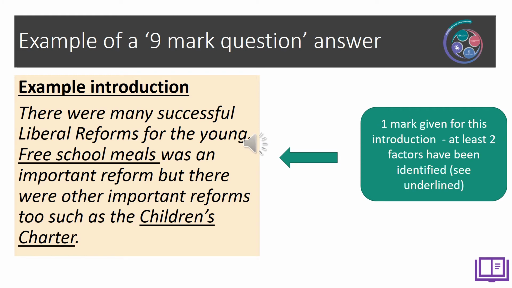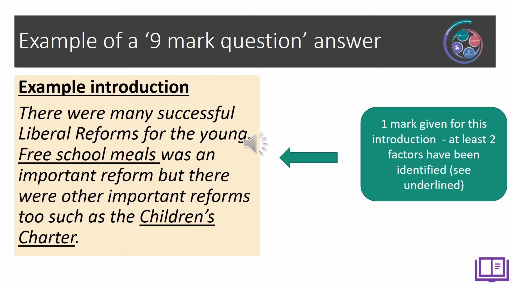So we're now going to look at an example of a 9-mark introduction, knowledge and conclusion. So the example introduction that you see in front of you: there were many successful liberal reforms for the young. Free school meals was an important reform, but there were other important reforms too, such as the Children's Charter. The first sentence that you see there directly answers the question.